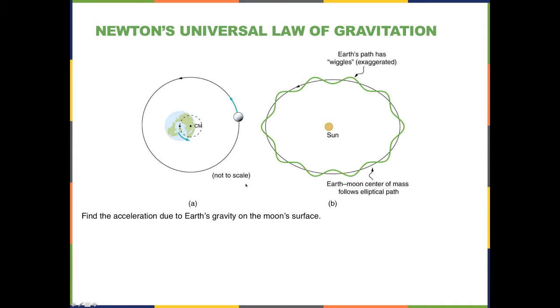Now, to calculate the acceleration due to Earth's gravity on the moon's surface, we have to take the Earth's mass, the moon's mass, and work with that. And here is that. To calculate, you remember that gravity is equal to mass divided by weight.